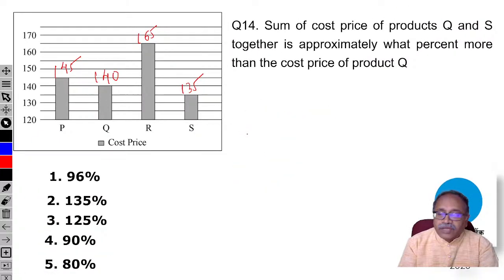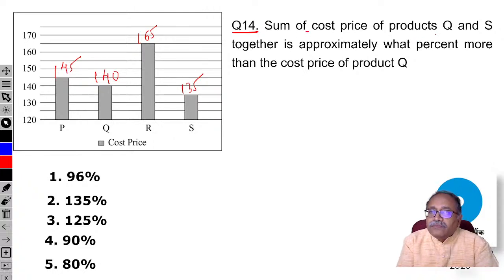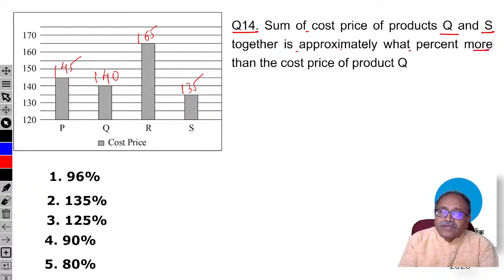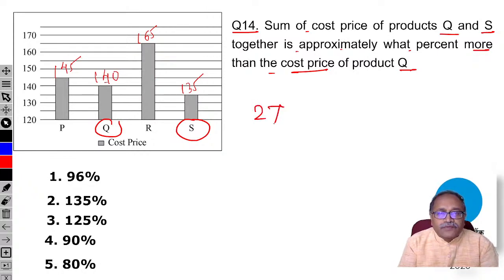We did it. Question number 13 is done. Now come to question number 14. The sum of the cost price of product Q and S together is approximately what percentage more than the cost price of Q? So this is Q and S. What is the sum of this? The sum is 275.